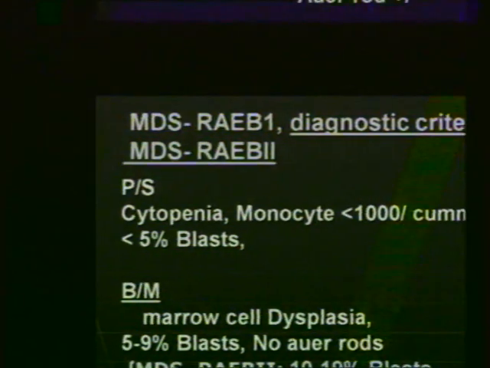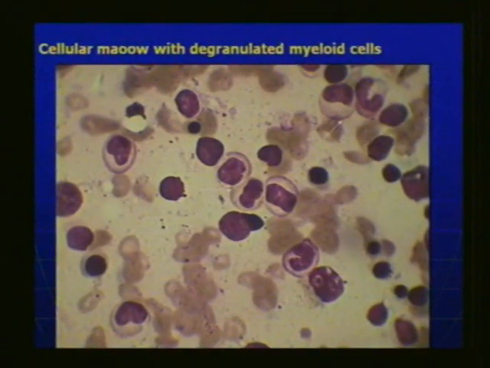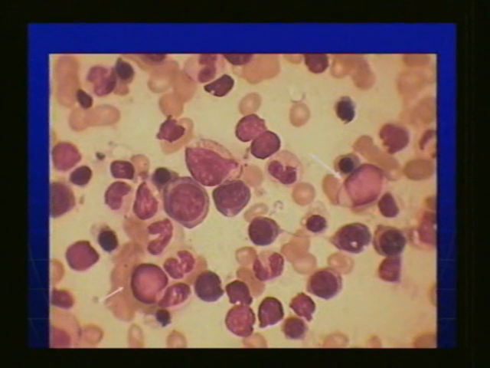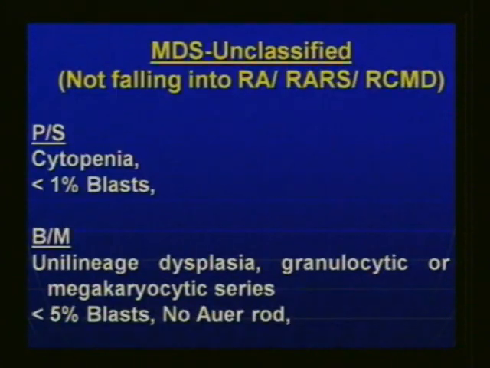Some of them even have Auer rods in the blasts. Like here, you can see the dysmyelopoietic cells with degranulated myeloid cells. This slide is showing the increased blasts, which are important for the diagnosis of RAB in an MDS patient.